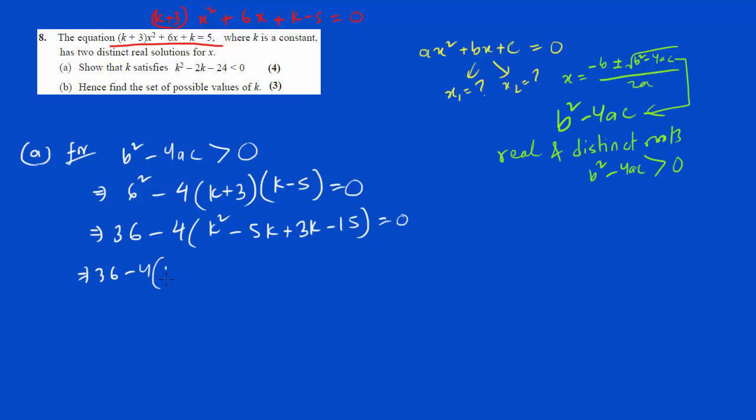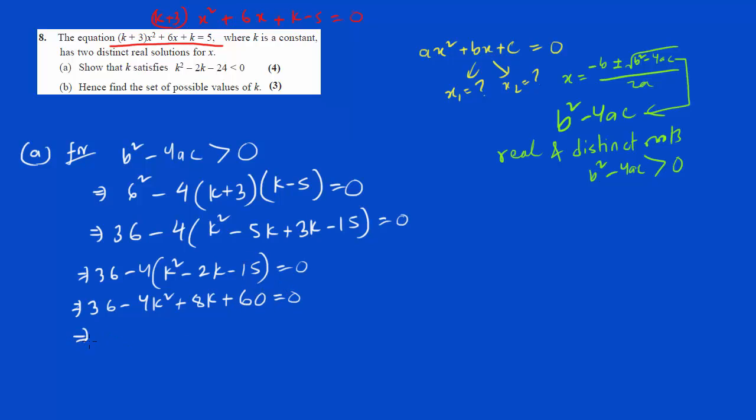36 minus 4 times k squared minus 2k minus 15. So we have 36 minus 4k squared. Minus 4 into minus 2 is plus 8k. Minus 4 into minus 15 is plus 60.